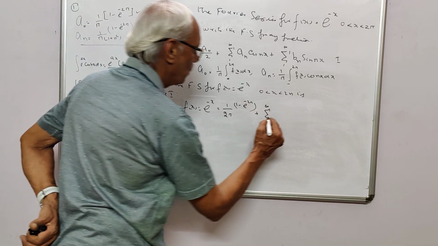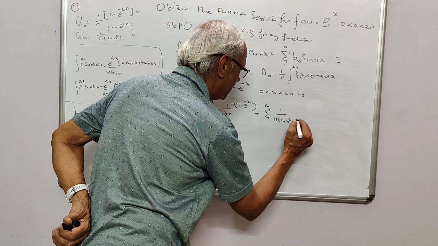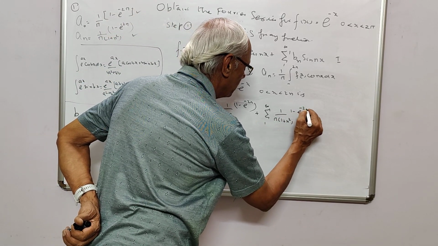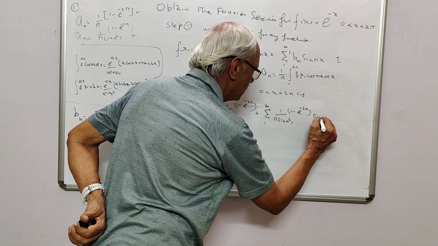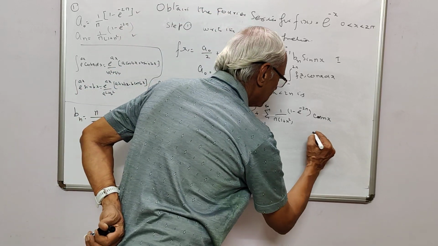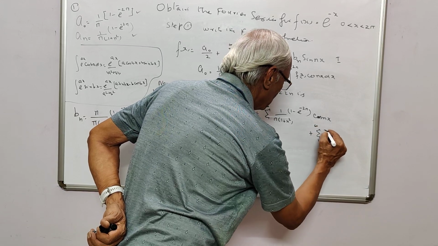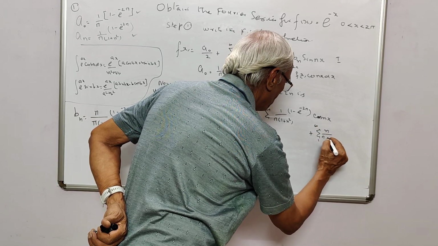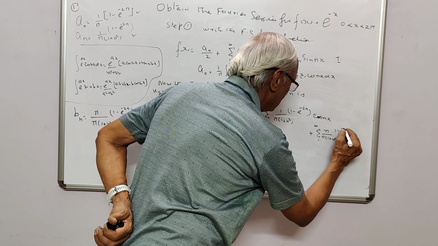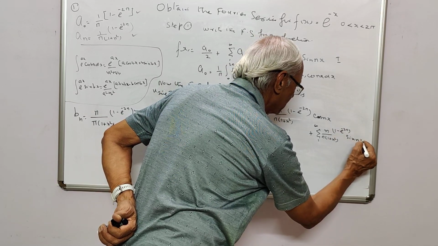What is this one? 1 by pi into 1 plus n square into 1 minus e to the power of minus 2 pi into cos nx, plus the sum from 1 to infinity of n divided by pi into 1 plus n square, 1 minus e to the power of minus 2 pi, into sin nx.